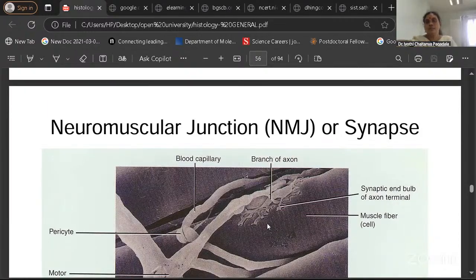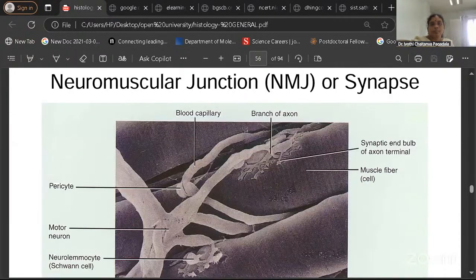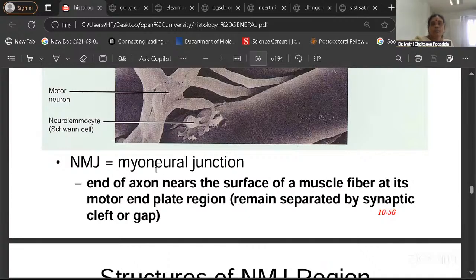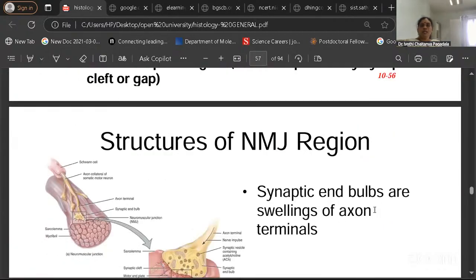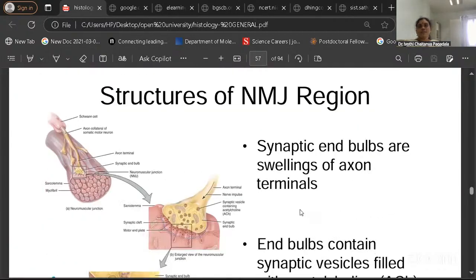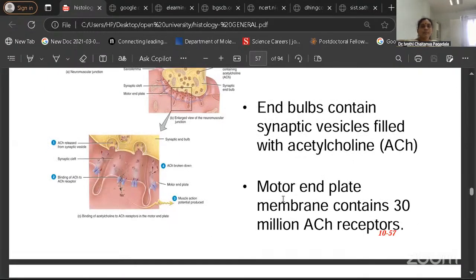Neuromuscular junction or synapses. Here, the myoneural junction, that is the neuromuscular junction. The end of the axon nears the surface of a muscle fiber, and its motor end plate region remains separated by the synaptic cleft or gap. Here you can see the structure of the NMJ, neuromuscular junction.